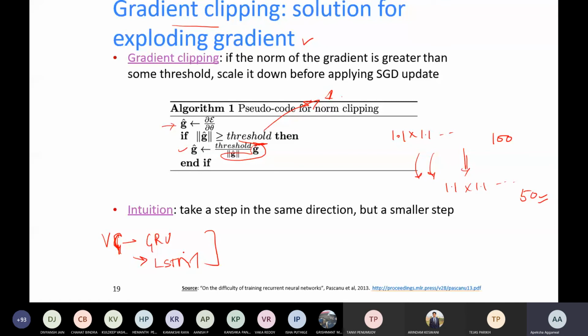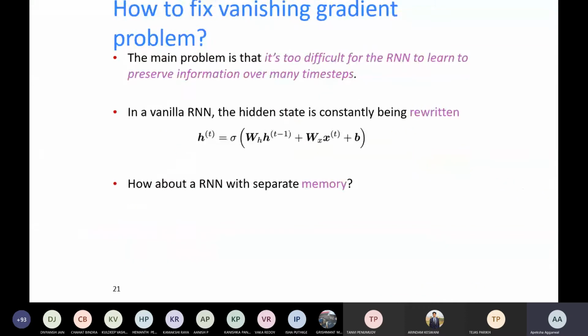Sometimes they also suffer. It's basically a partial solution, not a full solution. So vanishing gradient is a much bigger problem than the exploding gradient problem. So how do we fix this vanishing gradient?